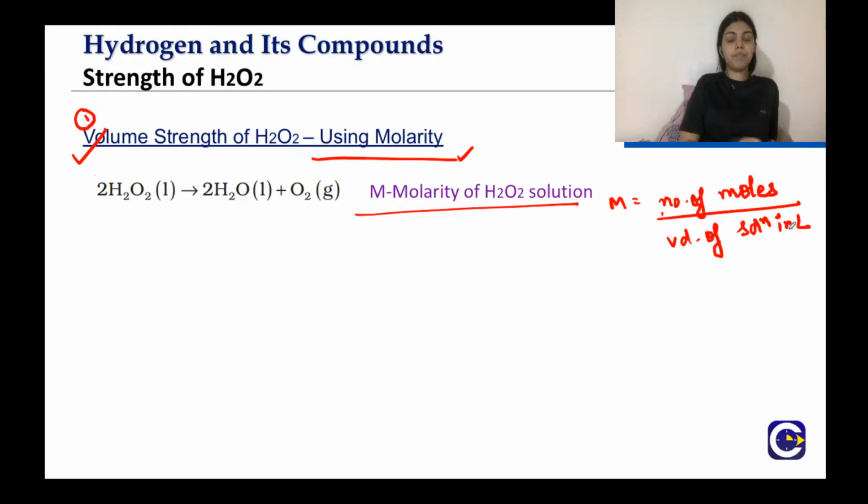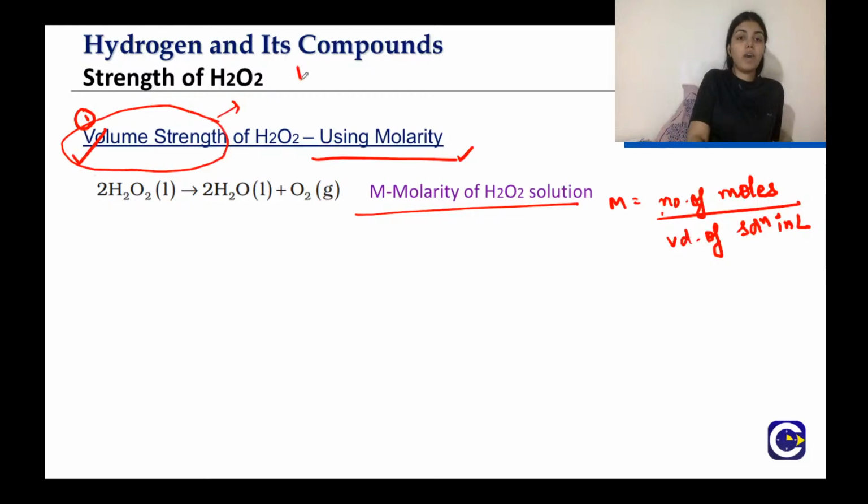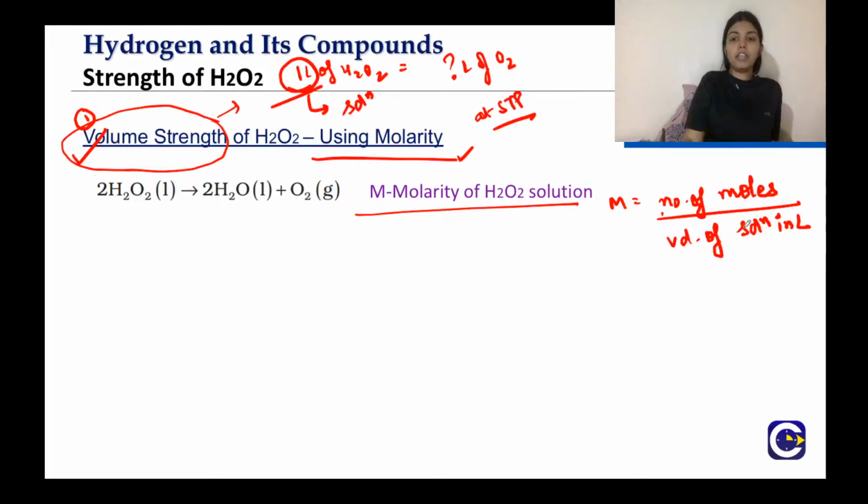This is molarity. Okay. So here we know that what is volume strength? Volume strength is that 1 liter of peroxide solution will give you how much liter of oxygen at STP. This is volume strength of H2O2. Now 1 liter we have to find out. See, 1 liter is what? Volume of solution. So I will put that 1 liter here.